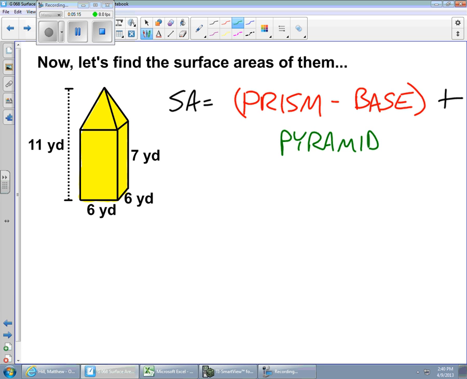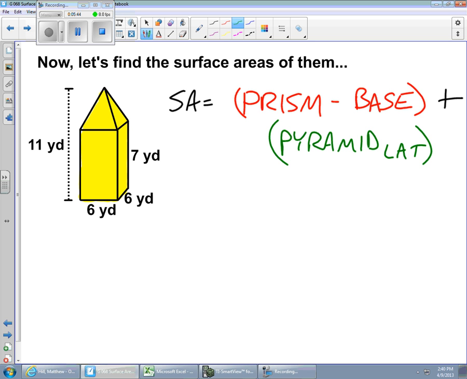It's only got one, and it's missing it. So do we really need to use a formula that includes the base and then take the base back off of it? No, that wouldn't make any sense. So we'll want to pick a formula that doesn't do total surface area, but instead does lateral surface area. When we go to get this formula, we'll make sure that we get the pyramid with the lateral surface area rather than the total surface area.